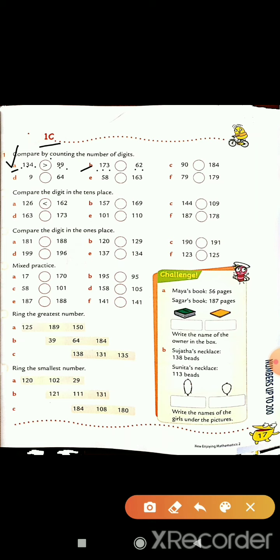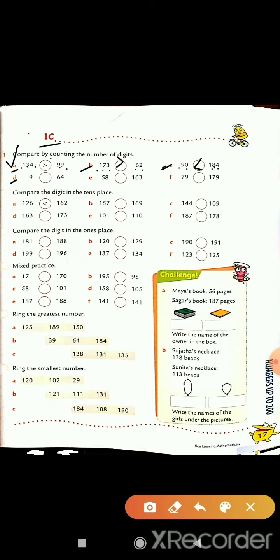So 173 is greater than 62. C1, 90, 184. 90 is having how many digits? 1, 2 digit. And 184 is having 1, 2, 3. 3 digits. So 3 digit number is greater and 2 digit number is smaller. So 184 is greater than 90.